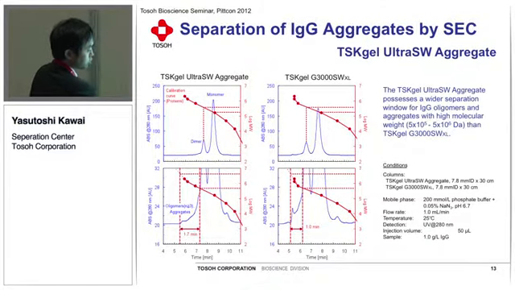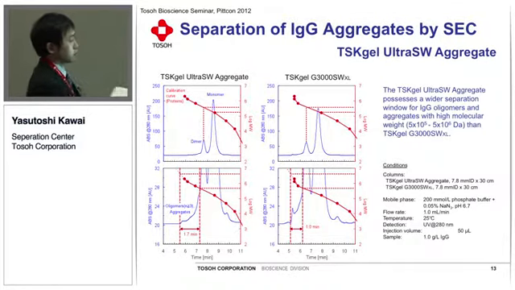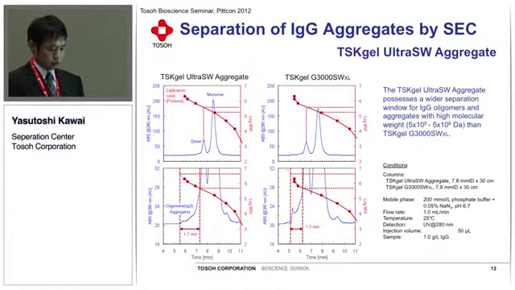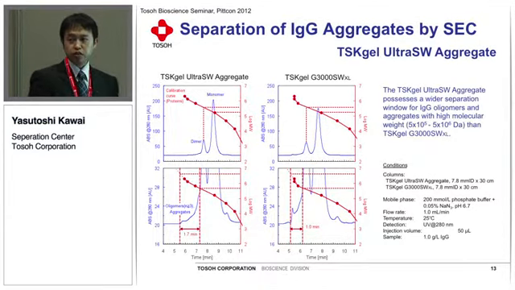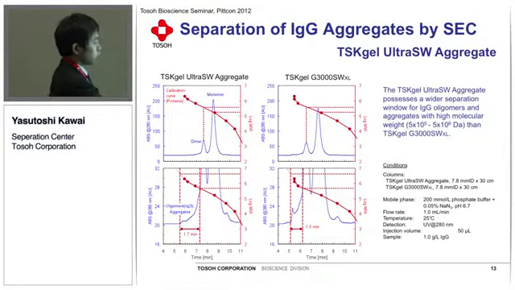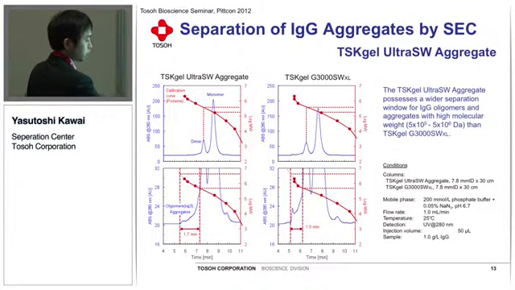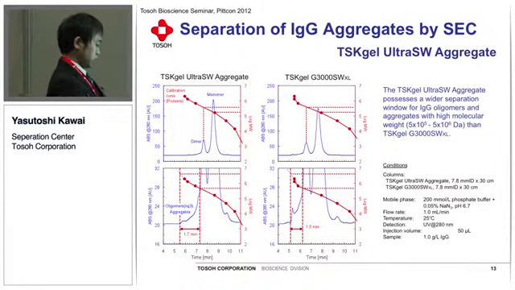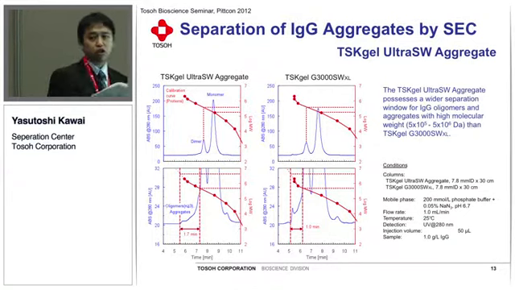This area is magnified here. And this red line is a calibration curve for protein, indicating the molecular weight of eluting species. Here you find that UltraSW Aggregate has a wider separation window and higher resolving power for oligomers and aggregates compared to the conventional column.